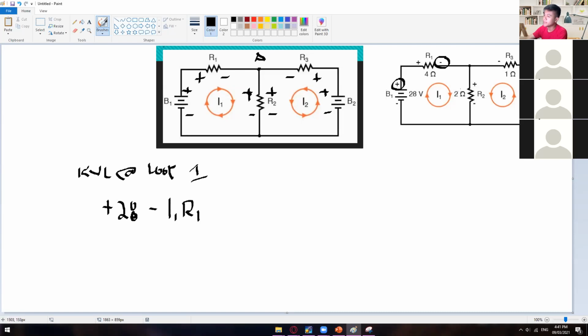And then another resistor here, which is minus I2 times R2. But in here, there is another flow of current that will affect your R sub 2.